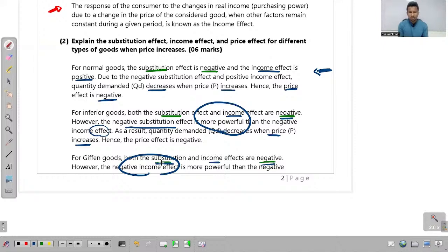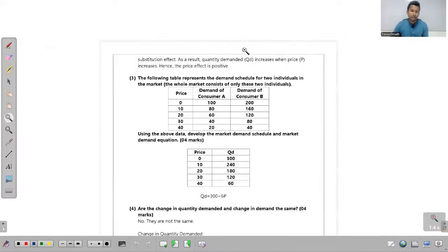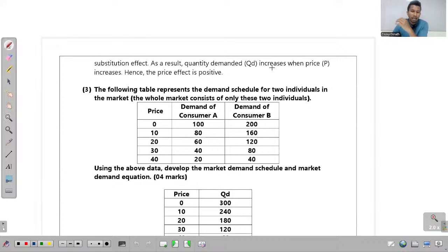But since the negative income effect is much more powerful, the outcome will be that even when the price increases, the quantity demanded increases. So unlike any other good, for Giffen goods the price effect will be positive. So that's what you need to explain.